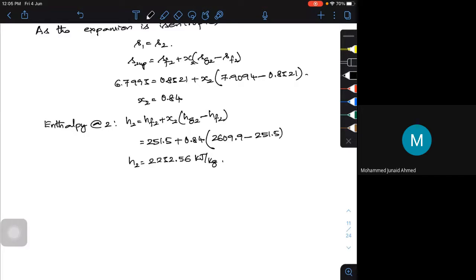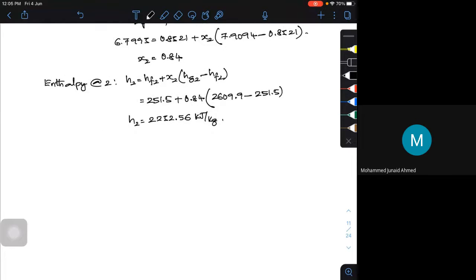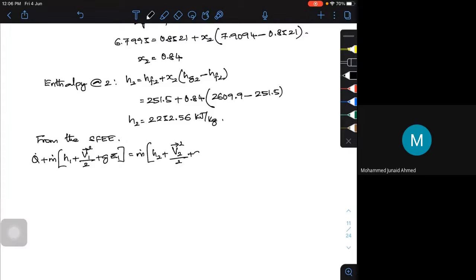So we got two things. What is the third quantity we are supposed to find? We are supposed to find the work done. From the steady flow energy equation: Q dot plus m dot into H1 plus V1 square by 2 plus g Z1 is equal to m dot into H2 plus V2 square by 2 plus g Z2 plus work done.